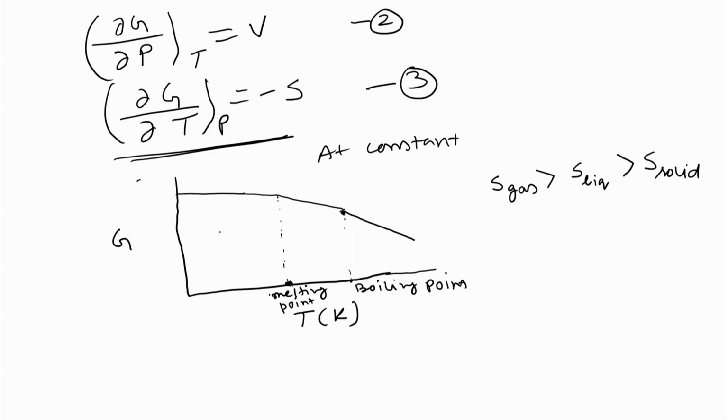So this region is our solid region, this is the liquid region and this is the gas region. This is at constant pressure. When pressure is constant, we get this kind of plot if we plot G versus T.